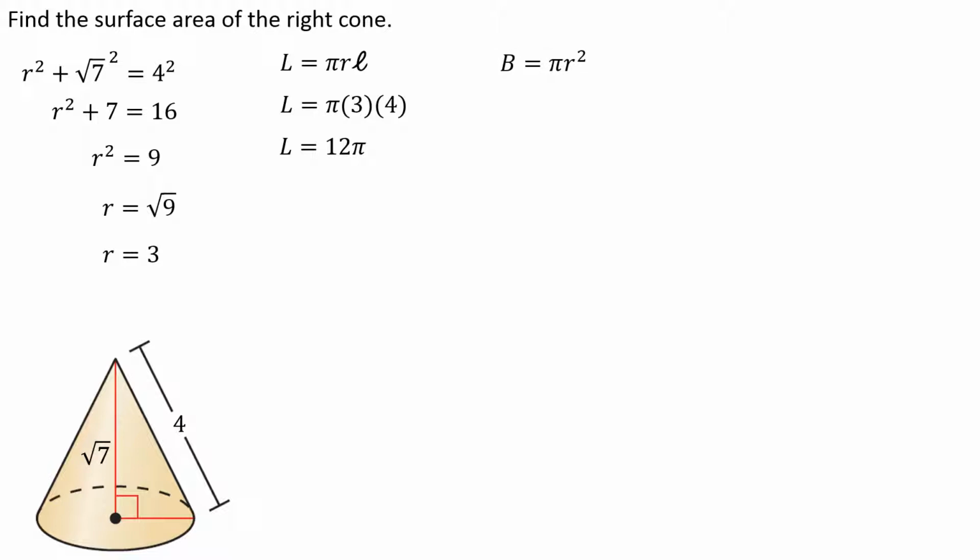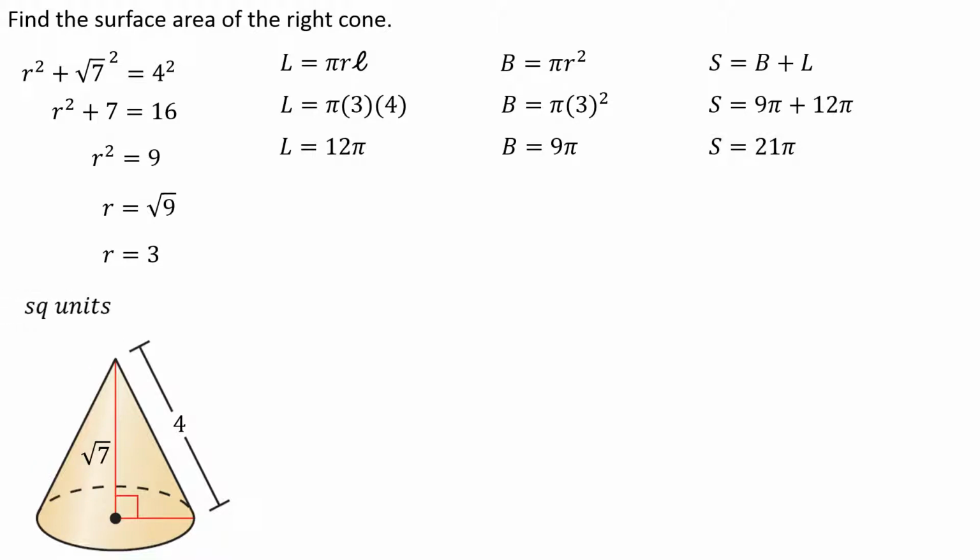Area of the base, well, a circle always has an area of pi r squared. Pi times 3 squared, so that's 9 pi. Surface area, of course, is area of the base plus the lateral area. 9 pi plus 12 pi, 21 pi.